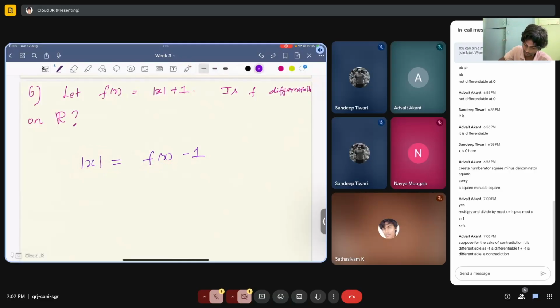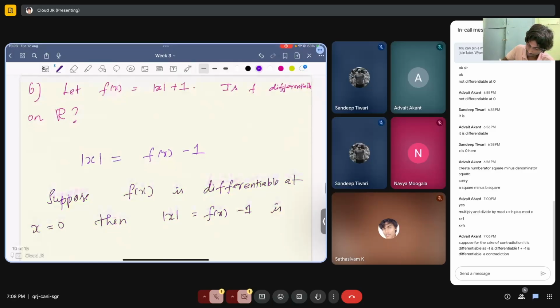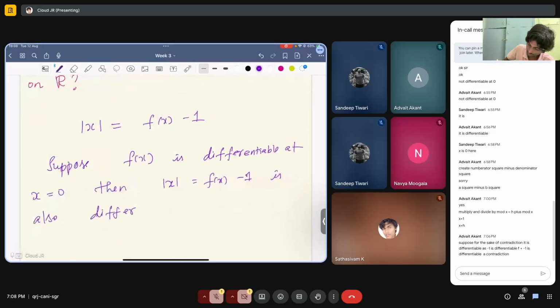Okay, so I'll write here. Suppose f of x is differentiable at x equal to 0, then what you get is mod x, which is equal to f of x minus 1, is also differentiable at x equal to 0, a contradiction.